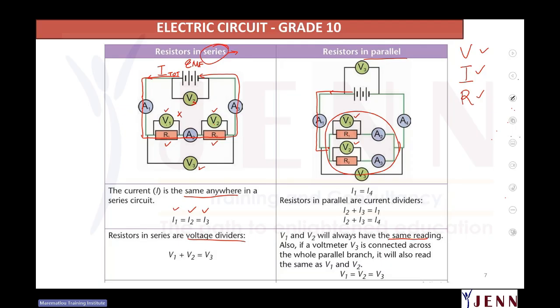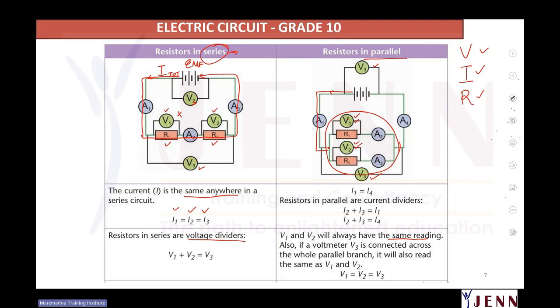As long as the resistors are connected in parallel, they will have the same potential difference, which means the potential difference observed here will be equal to that observed there and the potential difference observed at V3. And because we don't have any other resistance outside of the circuit, the potential difference observed at the EMF will also be the same as the one that we see here, there, and there. I hope I've covered as much as we can.